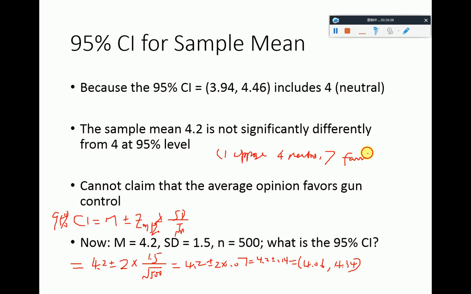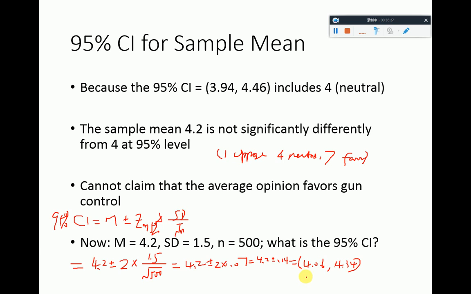So given this scale and given this confidence interval at 95%, can we say that at 95% the average opinion of the population favors gun control? Can we say that? Think about it.